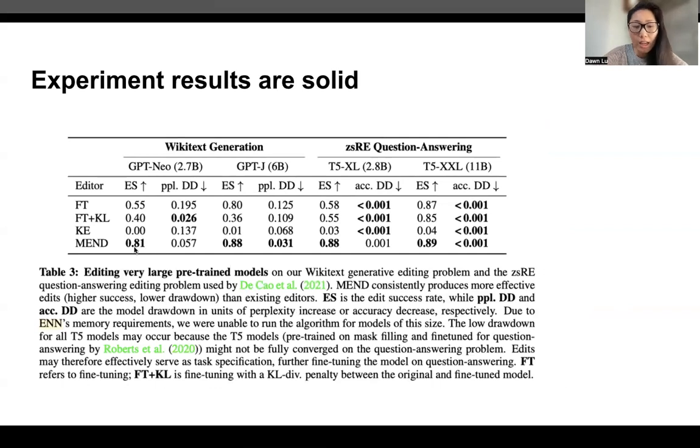MEND has a 0.81 score on edit success for the wiki text generation data set and a 0.88 score on the ZSRE QA data set. I think at the point in which this paper was released, this was definitely a state-of-the-art algorithm for model editing.